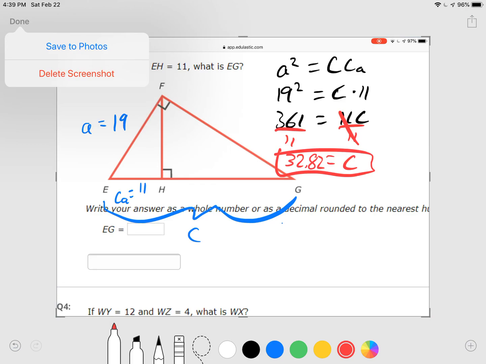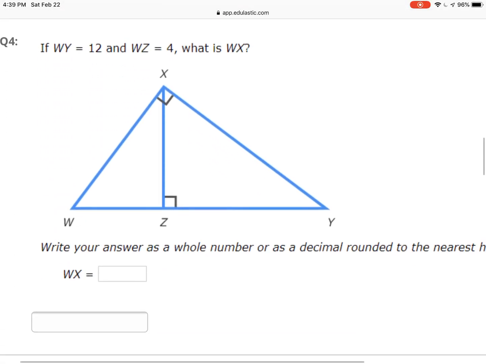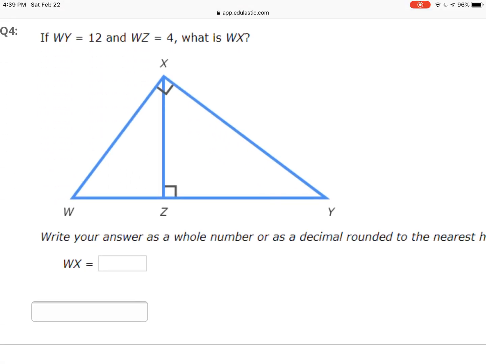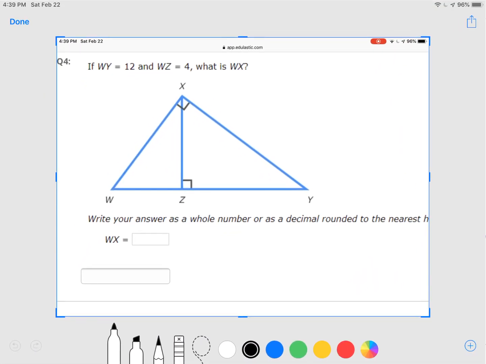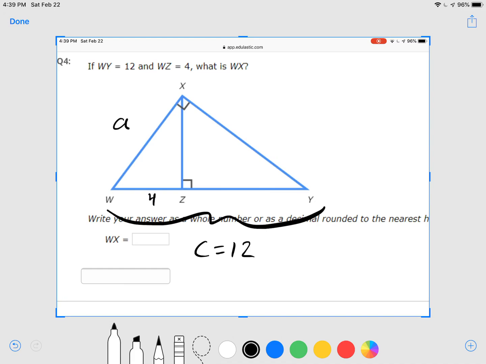Okay, next question. Number 4. They give us WY, which is the entire bottom part. C is 12. WZ is 4. And since I'm going to label this side A, this will be CA.